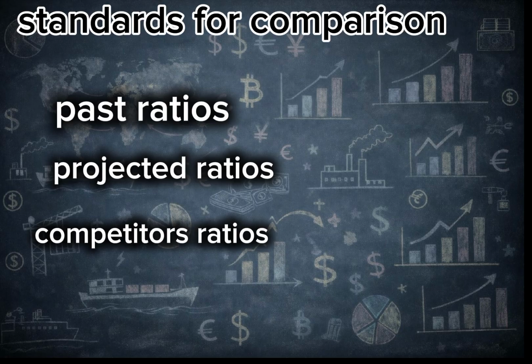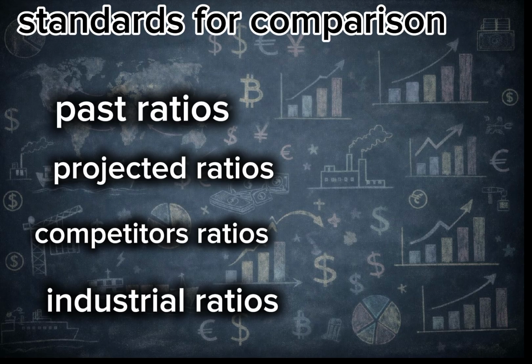We can also compare the ratios we get from our financial statement against the general industrial average, the prevailing industrial average in the industry we belong to. Instead of comparing it to selected successful companies that look similar to us, we can compare it to the entire body of industries that look similar to us.